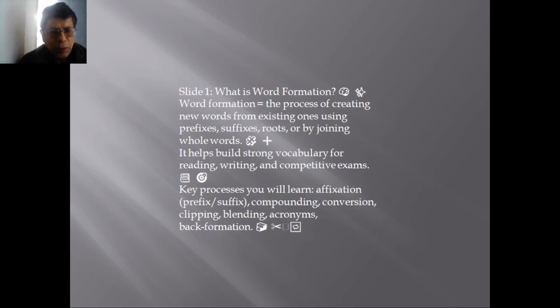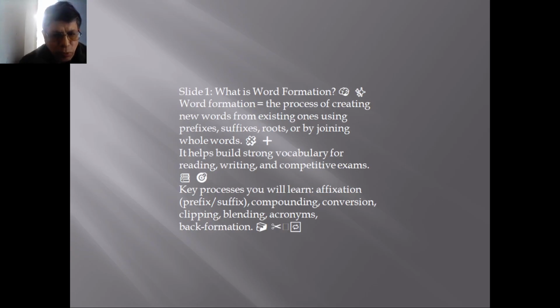Slide 1. What is word formation? Word formation is the process of creating new words from existing ones using prefixes, suffixes, roots, or by joining whole words. It helps build strong vocabulary for reading, writing, and competitive exams.